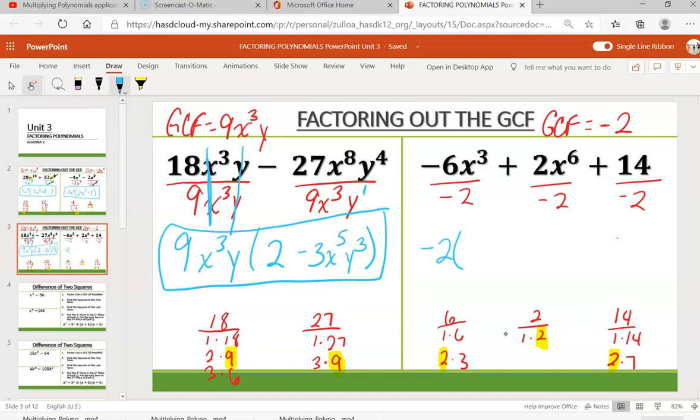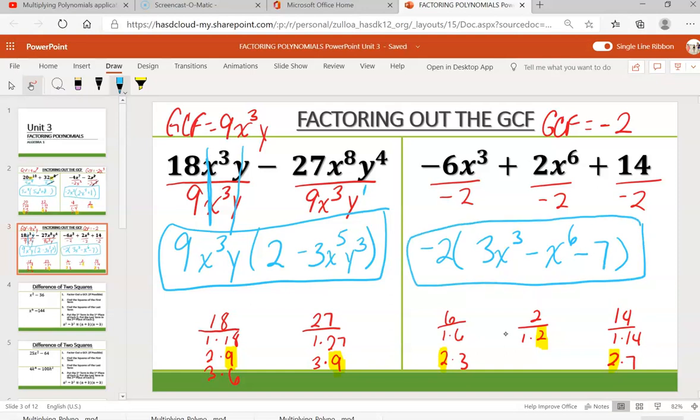Inside of it, you're going to put the quotient. So negative 6 divided by negative 2 is positive 3. 2 divided by negative 2 is negative 1, or just negative x to the 6. And positive 14 divided by negative 2 is negative 7.